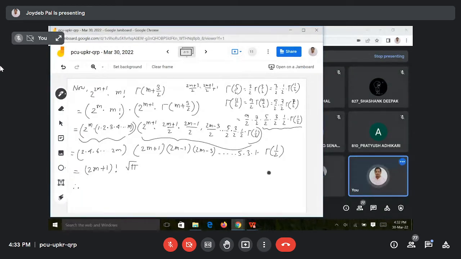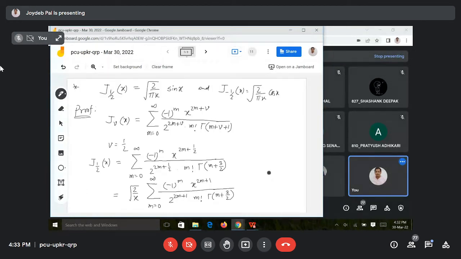Therefore, that J half, it is what? The denominator part you substitute: 2m plus 1 factorial into root pi, right?